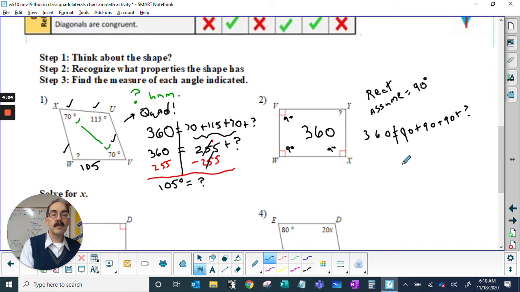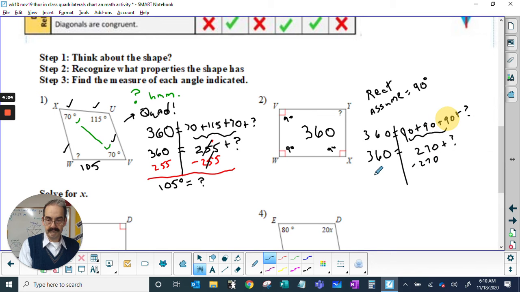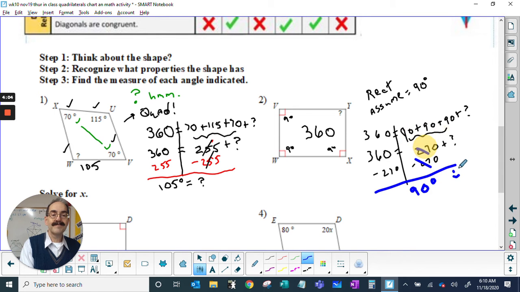Draw our line. 360 is equal to, add the three 90s and we get 270, and the question mark. Again, what's the opposite of a plus? Minus. Subtract that across, giving us 90 degrees. Okay, let's move on.